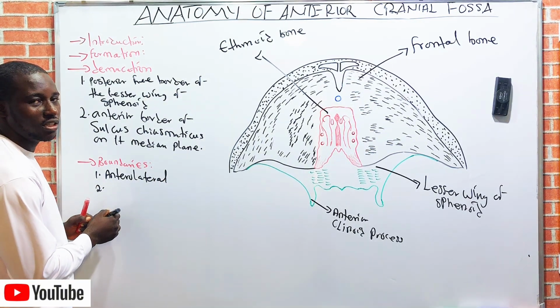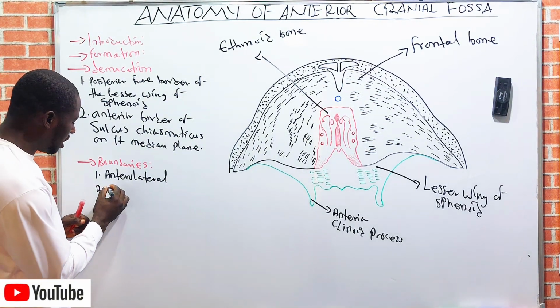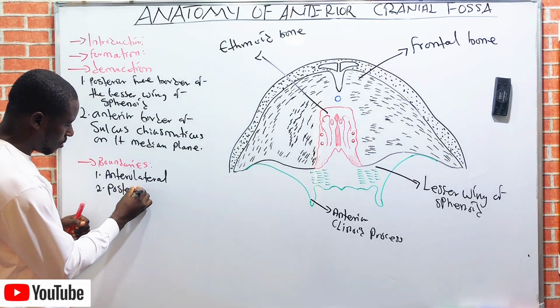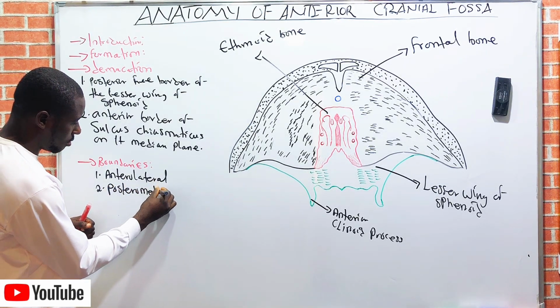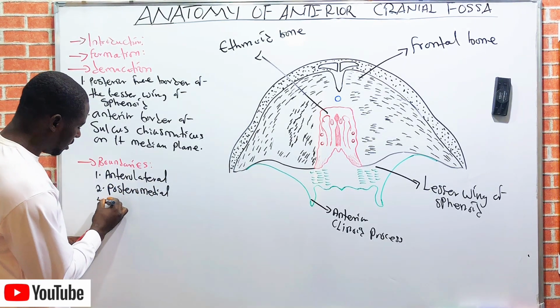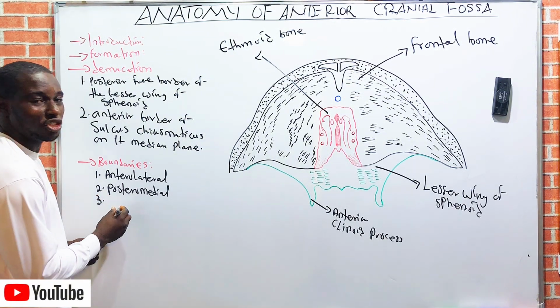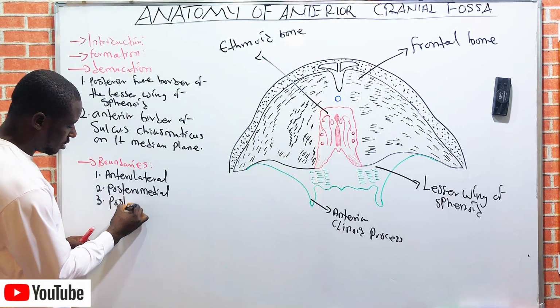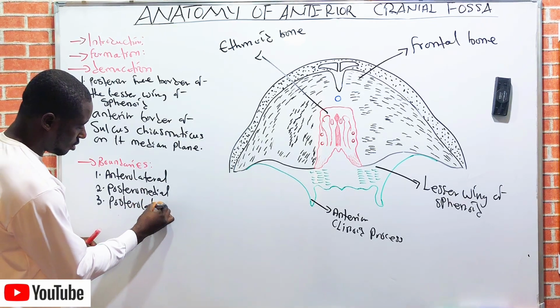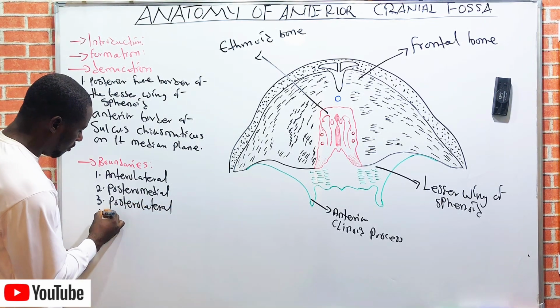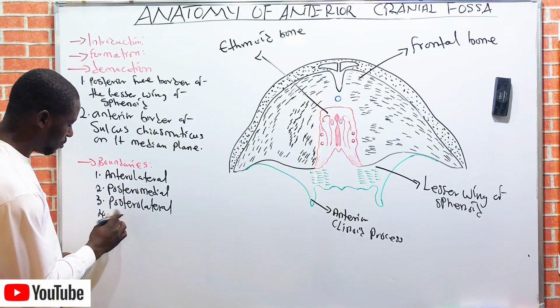Number two is the posteromedial boundary. Number three is the posterolateral boundary. While number four is the floor.